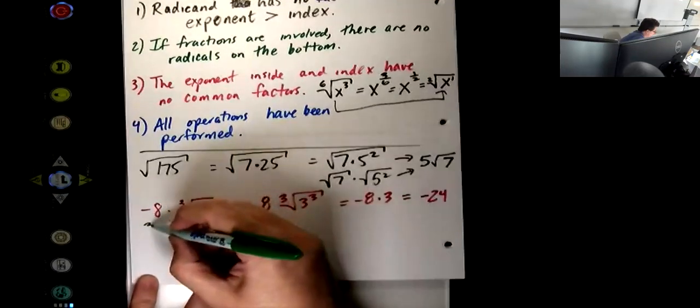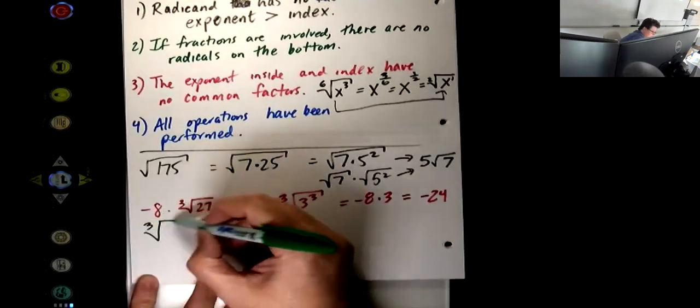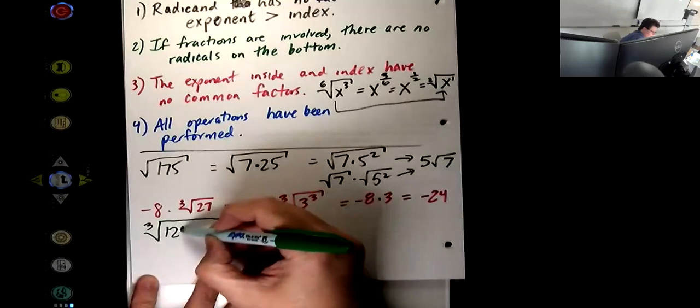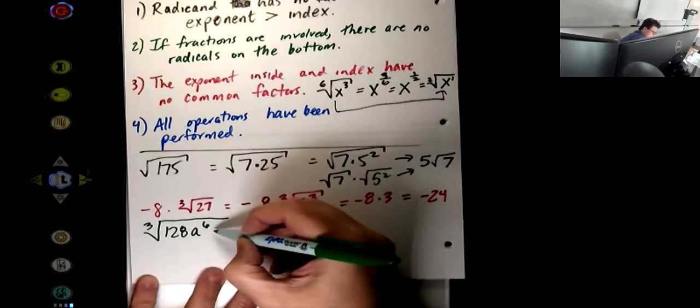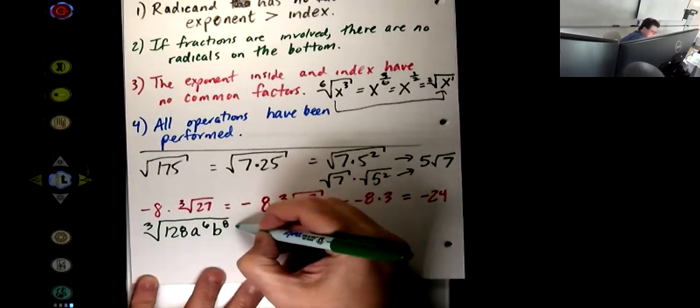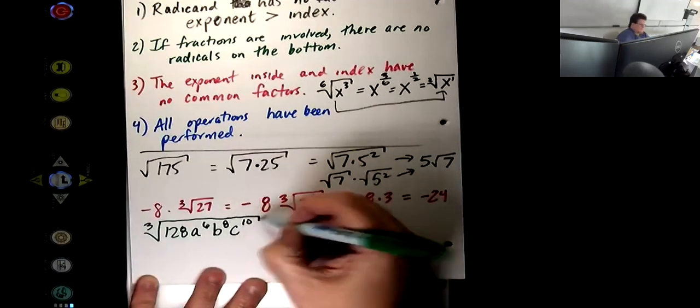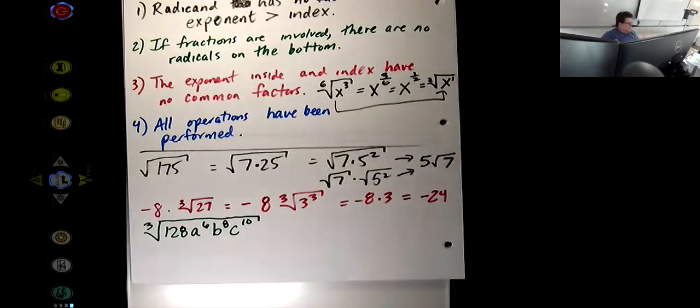Alright, very true. Cube root of, ooh, there's a lot going on here. 128, A to the 6th power, B to the 8th power, C to the 10th power. Ah, more power. I will help you out and let you know that 128 is 2 to the 7th power.